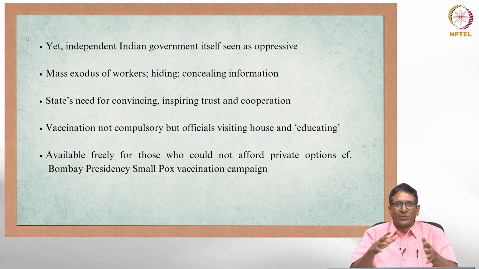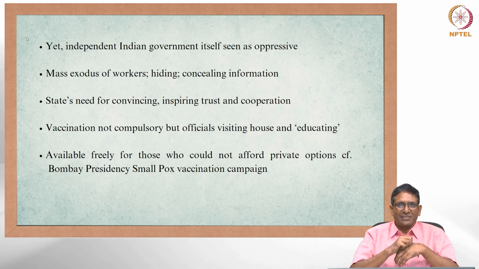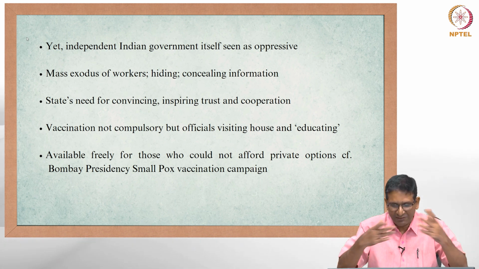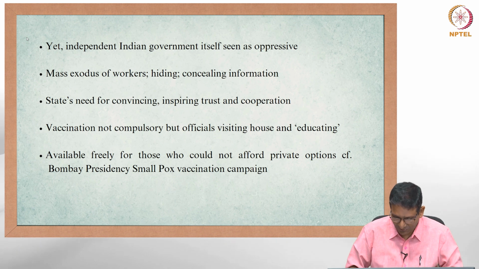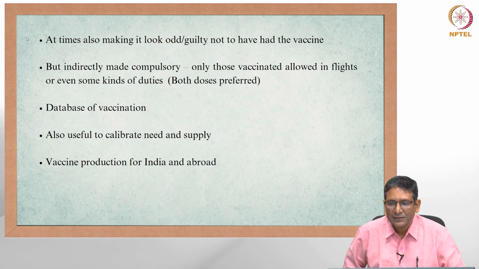In this context, you can recall the peculiarly effective method adopted by the Bombay presidency during the smallpox vaccination campaign, when they proactively went in search of people and gave most of it freely.